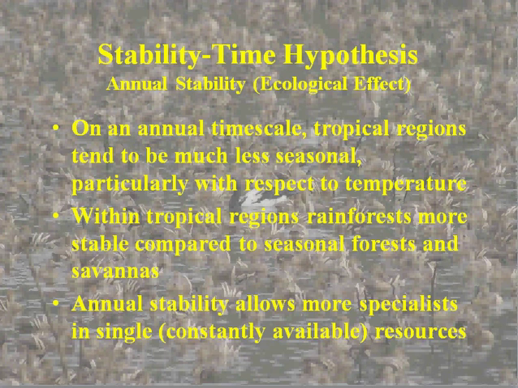On an annual time scale, over the course of the year, tropical regions tend to be much less seasonal, particularly with respect to temperature. So within the tropics there is no freezing, at least at sea level, and the temperature is pretty much constant throughout the year, very stable.